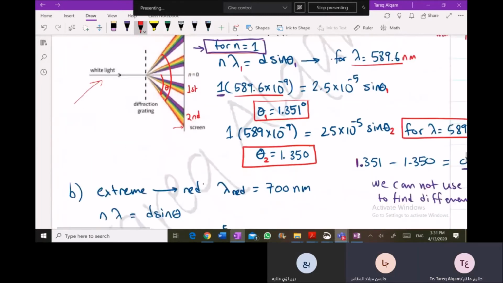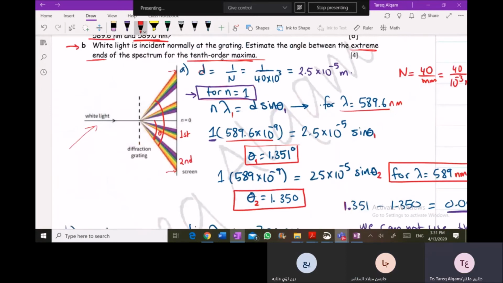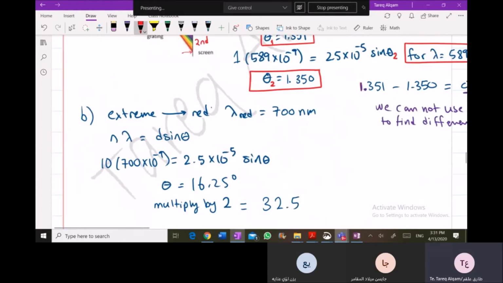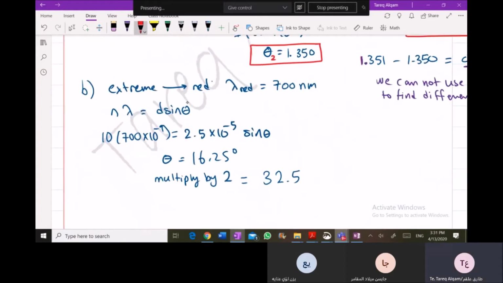You multiply it by 2. We are not asked about the second order, we are asked about the 10th order. Same thing. This one is not drawn at the 10th order, but we are asked about the 10th order. So I found theta for the 10th order. The wavelength for red is not given to us, but as we mentioned before, we have to memorize the wavelengths: microwave, radio wave, ultraviolet, infrared, visible.